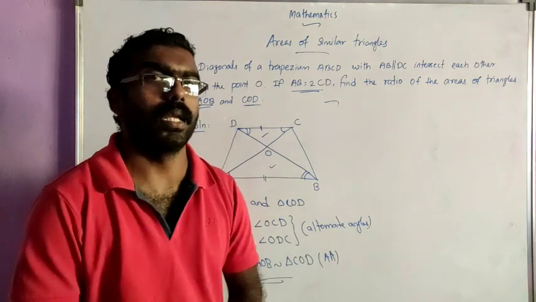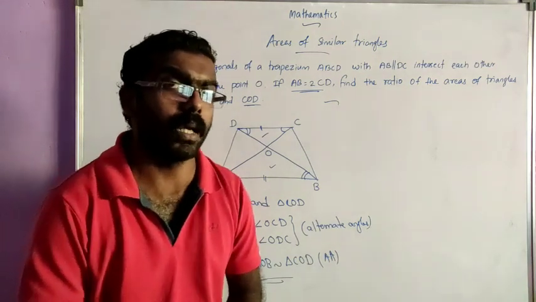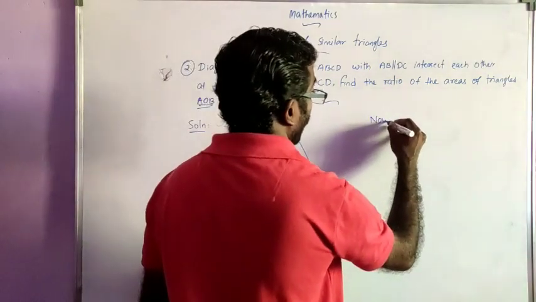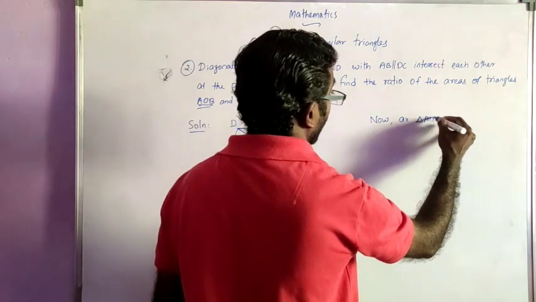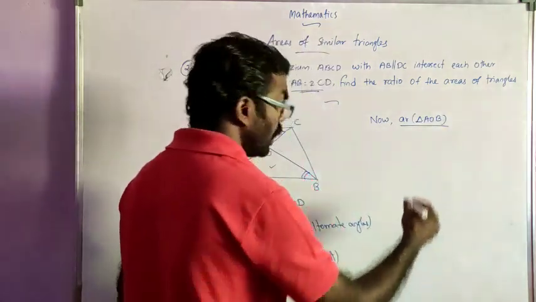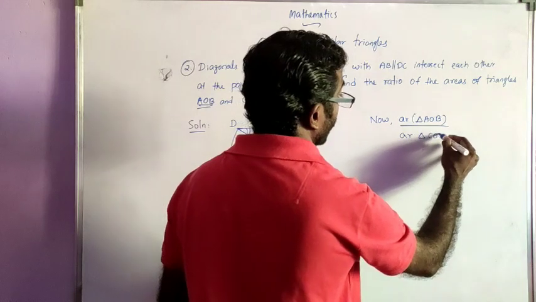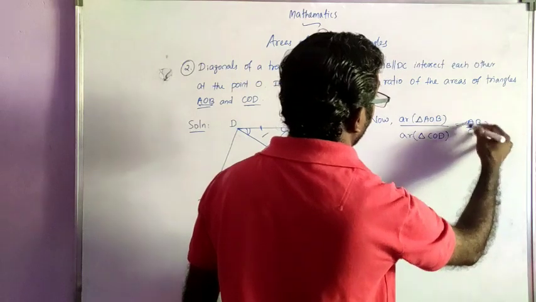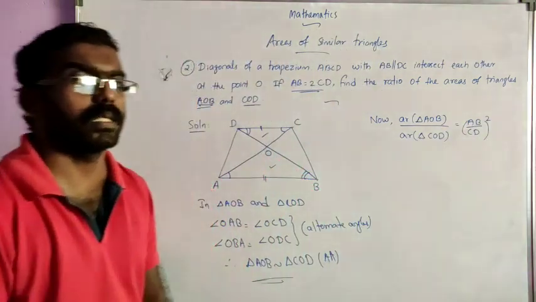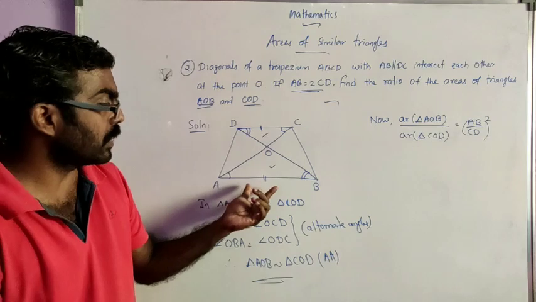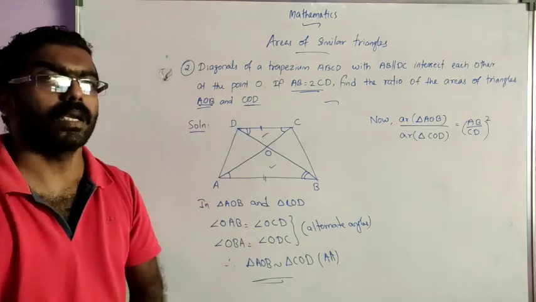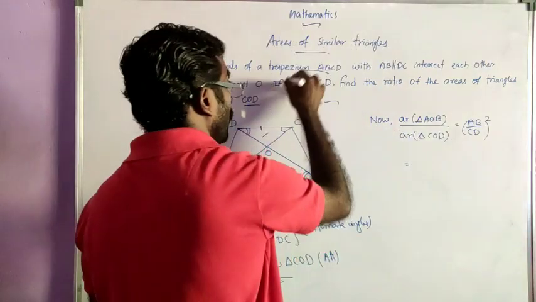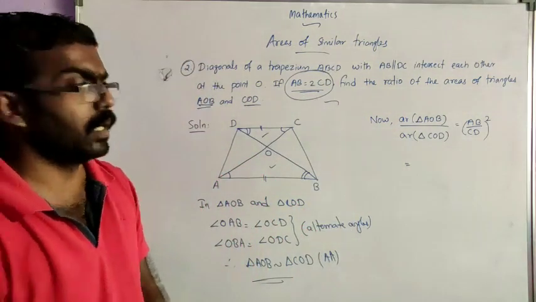The ratio of the areas of two similar triangles is equal to the square of the ratio of their corresponding sides. Now, area of triangle AOB divided by area of triangle COD is equal to AB by CD the whole square. Here I take the sides as AB and DC. Here we can put the value of AB as 2CD, since it is given AB equal to 2CD.